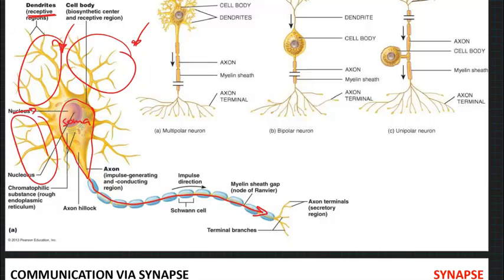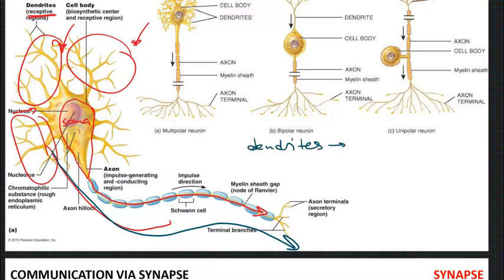You may notice that the signal goes in one direction. To show you the importance of that, I'm going to use a different color. This is the direction: dendrites, soma.